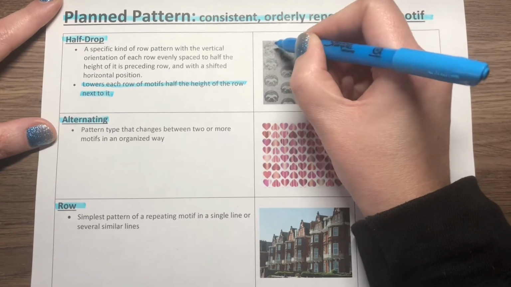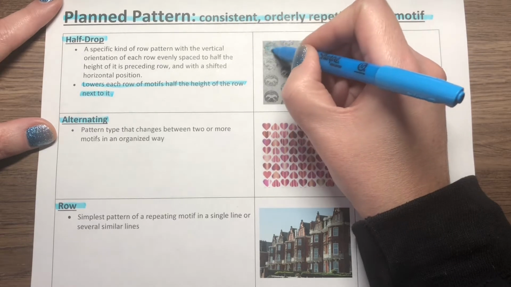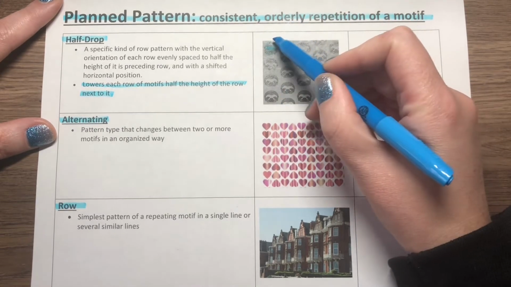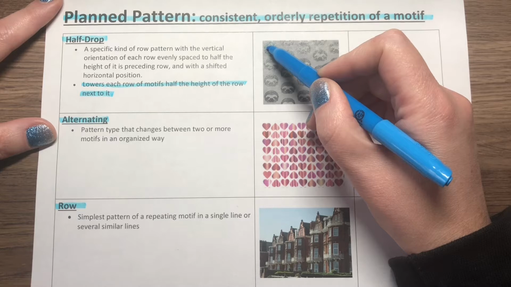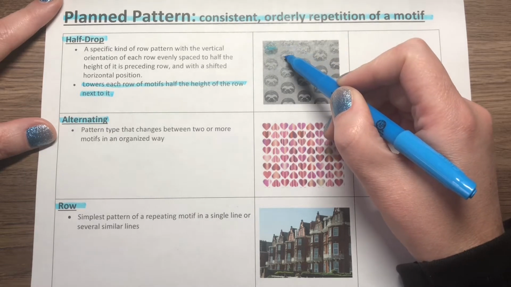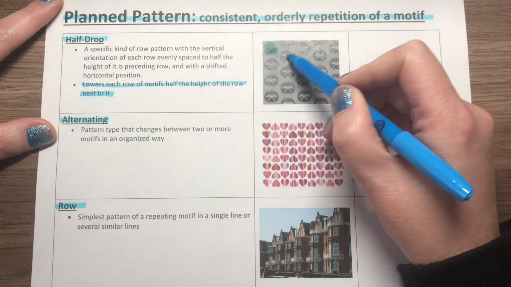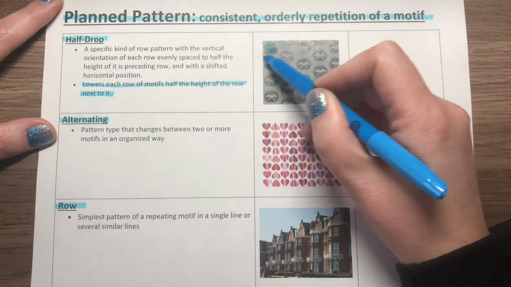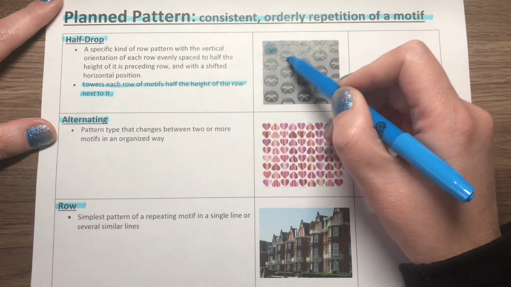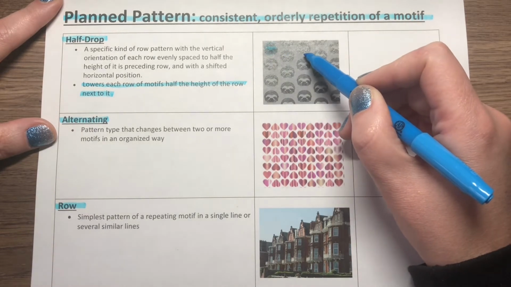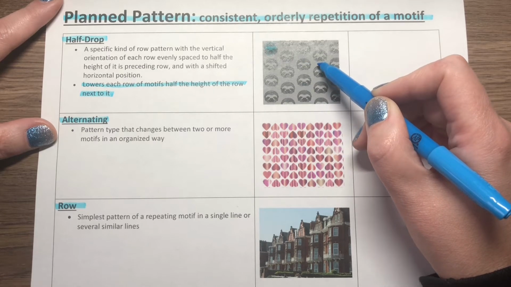So if you look at this motif right here, this little guy, you scoot him over, drop him down. See how he's halfway in between the one next to him? If you take this guy, scoot him over, drop him down, scoot him over, drop him down.